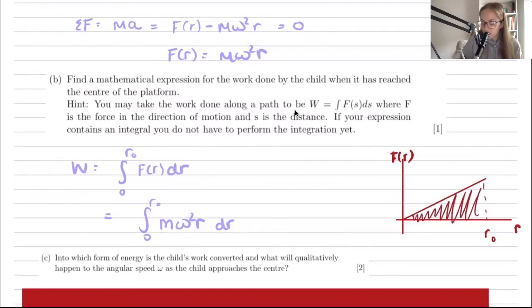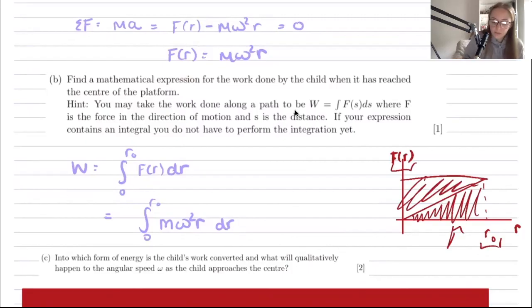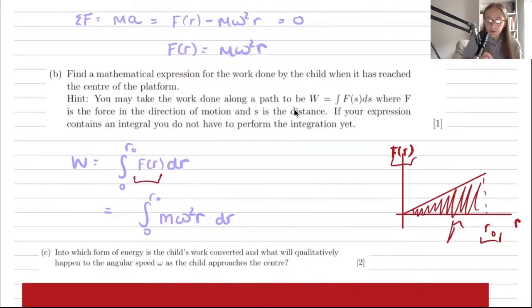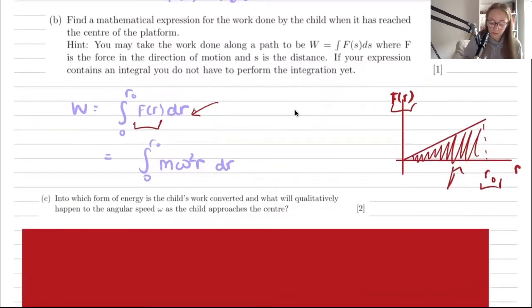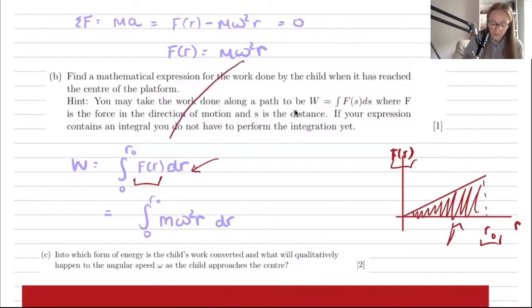But to just multiply Fr by r naught would not give us this area under here. It would give us this kind of total area over here, which is not useful. So this is why we need to use our mathematical operation integration to find this area underneath. We integrate our force with respect to r, our distance from the center, and then we worked out what this kind of minimum value was over here. So we can just stick that in.